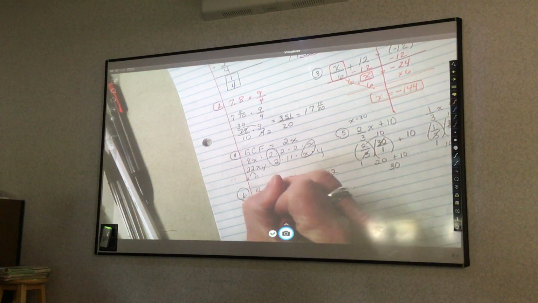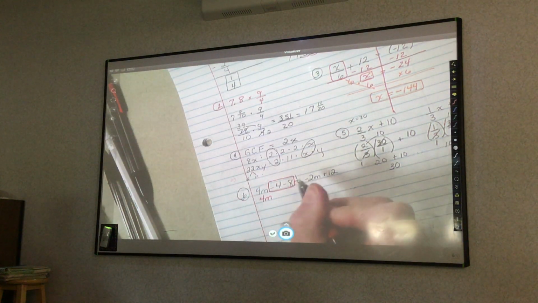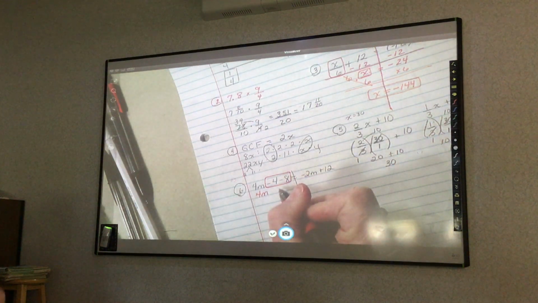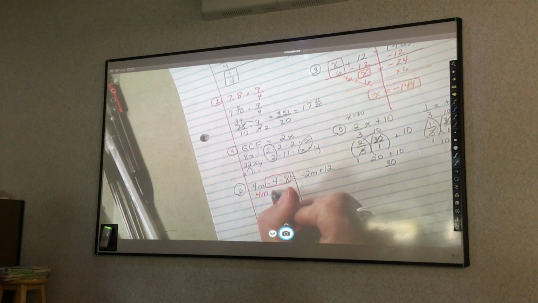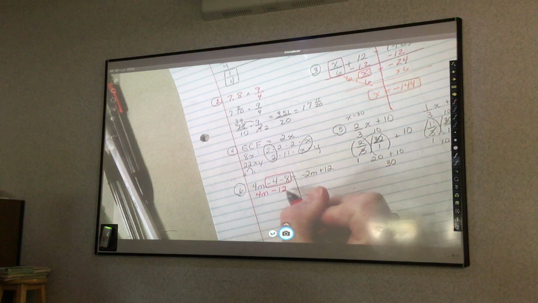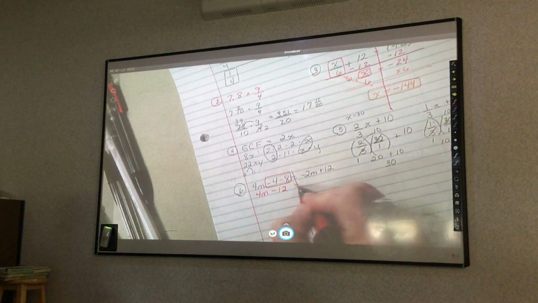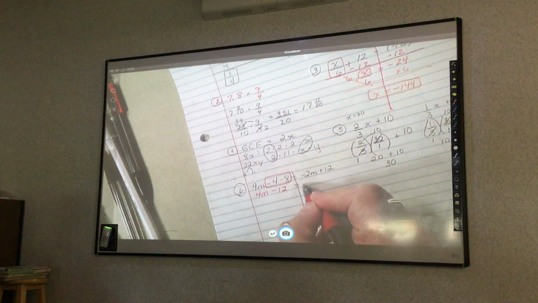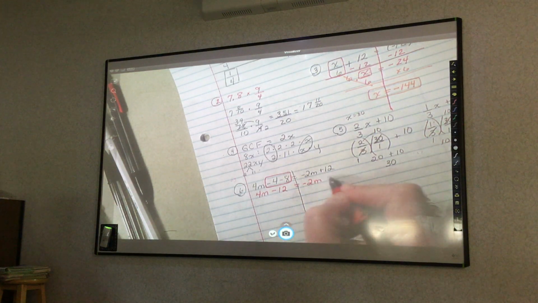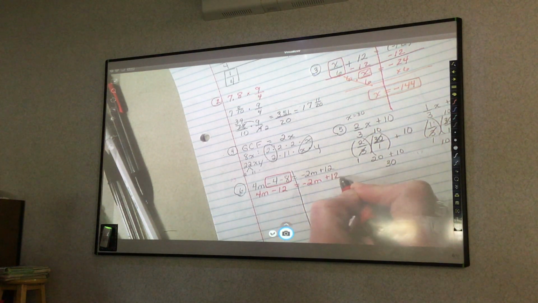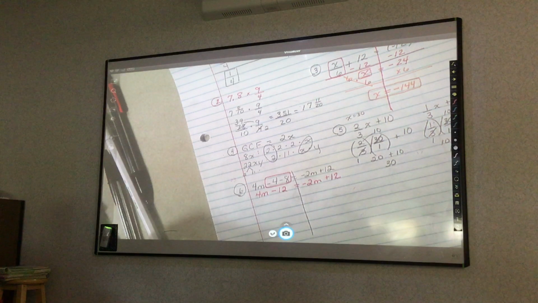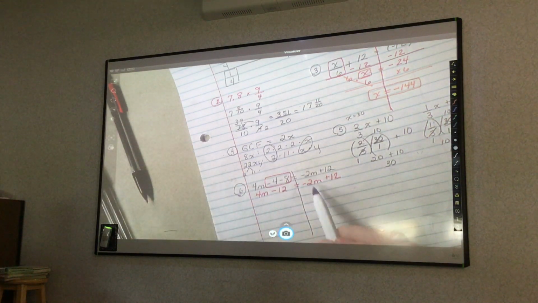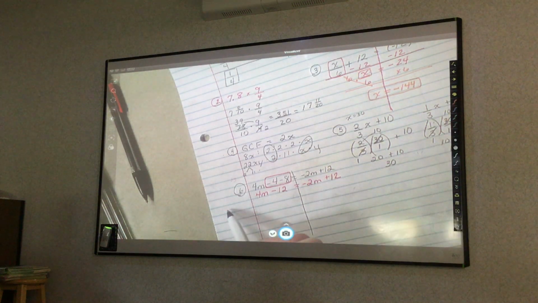So now I'm left with 4m. What's a negative 4 and a negative 8? Negative 12. So I have 4m minus 12 equals, and I can't combine anything over here, so it's just going to equal negative 2m plus 12. Now I'm going to either bring the 4m over here or the 2m over here.